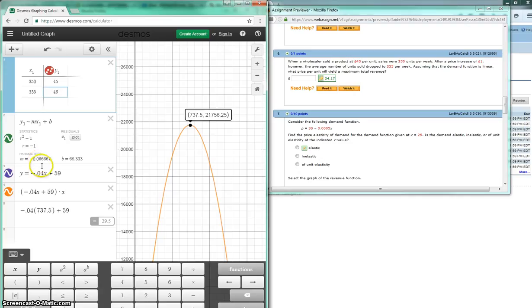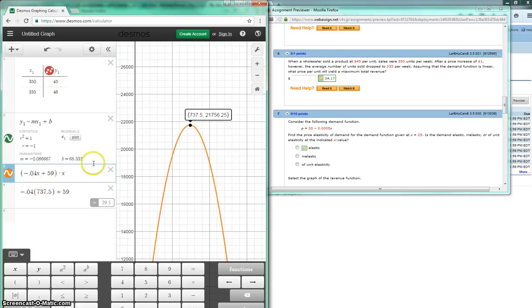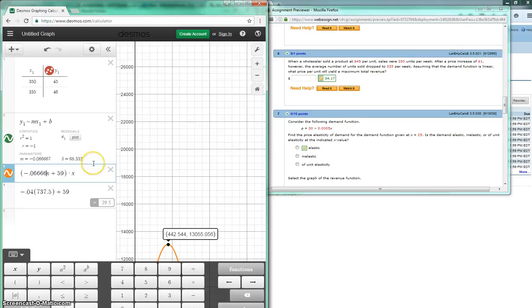So that changed my equations, which means this is now changed. So my price equation is 66.66, looks to be like some version of 2/3, maybe one. I'm not even guessing. And then this is 68 1/3.